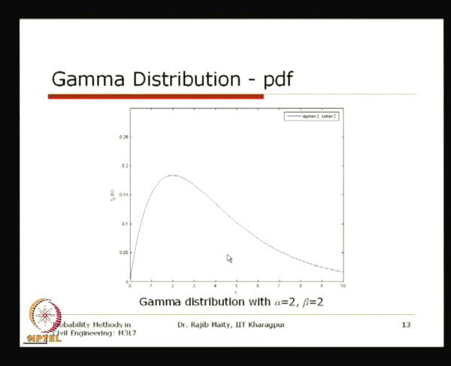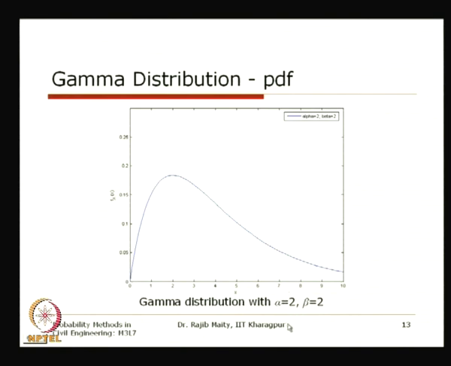Now if we see one PDF of this gamma distribution, you can see that it ranges from 0 to infinity for a specific parameter set. Here alpha equals 2 and beta equals 2, and you can see this is a positively skewed distribution. Basically this gamma distribution is always positively skewed, and its lower bound is 0.